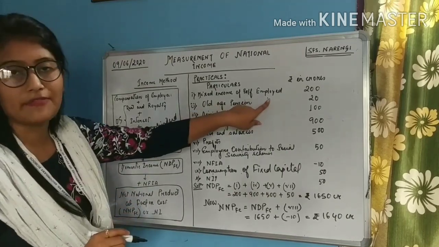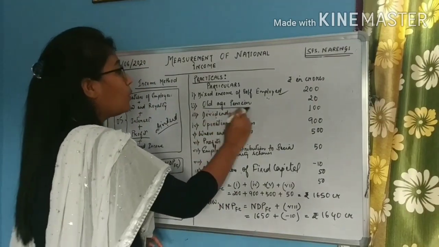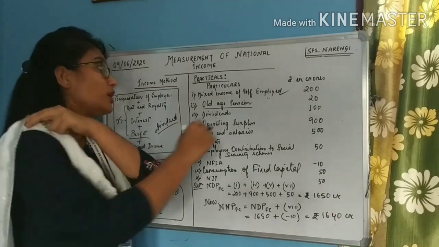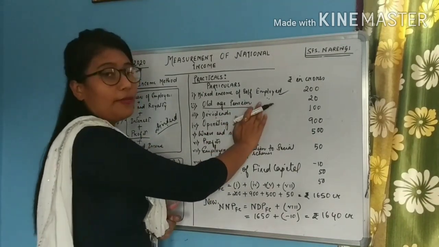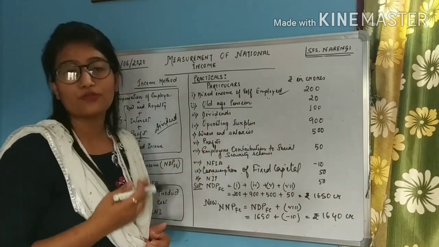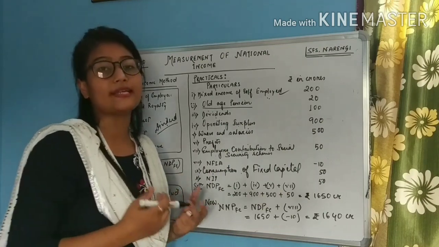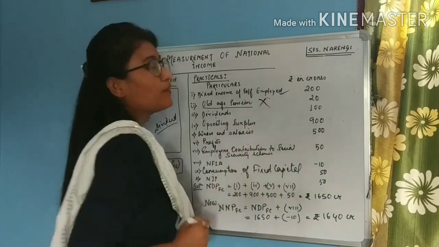So mixed income of self-employed people has to be included. Okay. Old age pension, students, will not be included. Why? Because it is not a pension which is given post-retirement. It is just given by the government as a part of some kind of social security scheme, for example, to the financially weaker sections of the society. So this is not for rendering any service, so we will not include this.